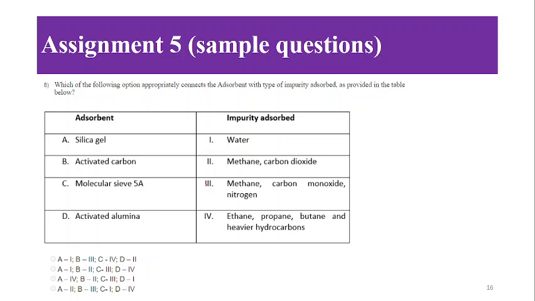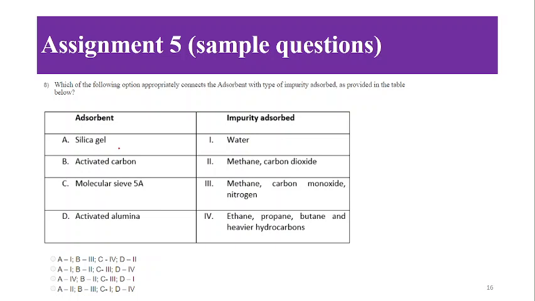Next question, which of the following options appropriately connects the adsorbent with the type of impurity adsorbed as provided in the table below? Silica gel is usually used for adsorption of a number of components. The fourth option is correct for silica gel. Next is the activated carbon.